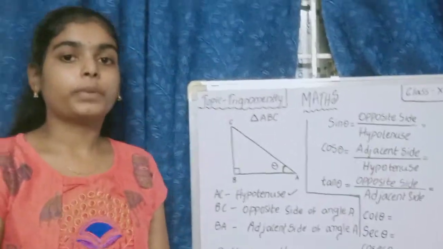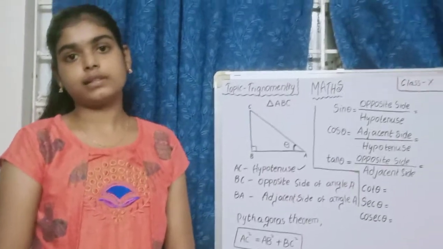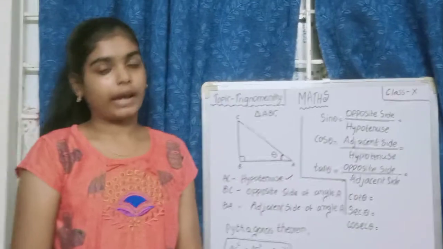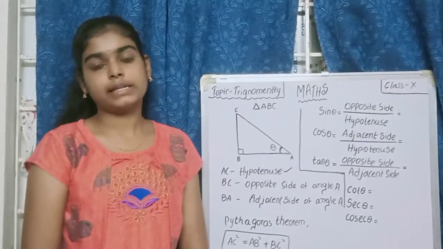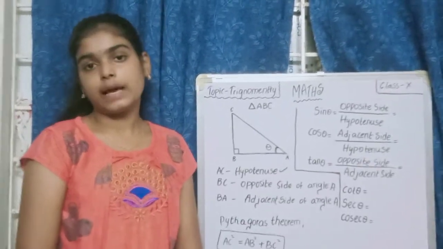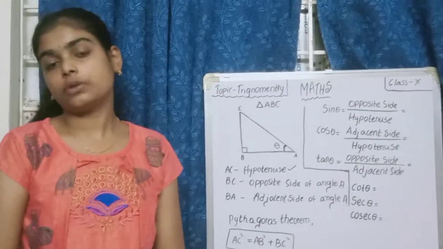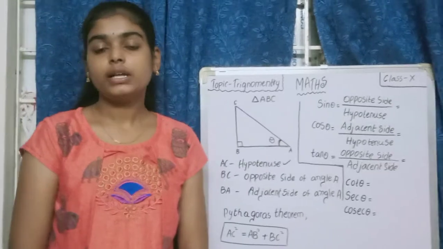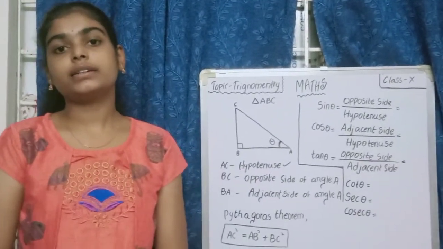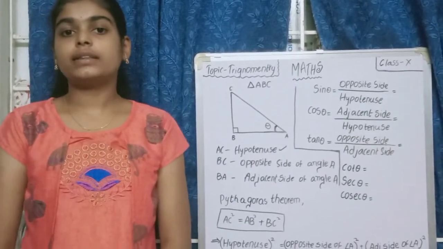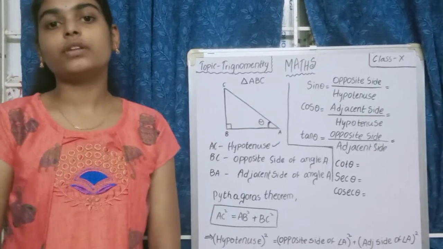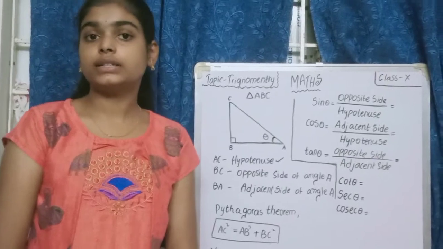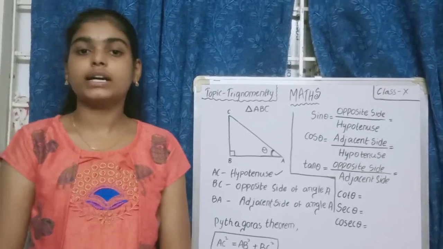Before going to the topic, in our previous classes like 8th and 9th, we have learnt about triangles and properties of triangles. If we see examples of triangles found in our surroundings, like a person standing on a ladder and painting a wall, here the ladder is the hypotenuse, the person painting on the wall is the opposite side, and the base, the earth or the surface, is called the adjacent side.